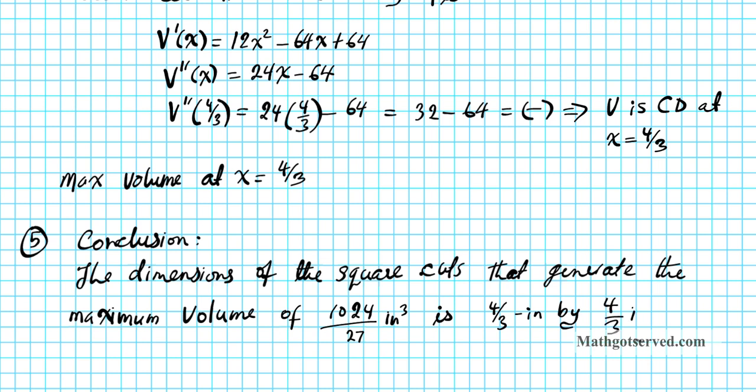So if we cut out a 4/3 inch by a 4/3 inch square from all 4 sides, then we are going to have an open box that has the maximum volume of 1024 over 27. And this is approximately 37.9 cubic inches, but that's good enough. All right, so that's that.